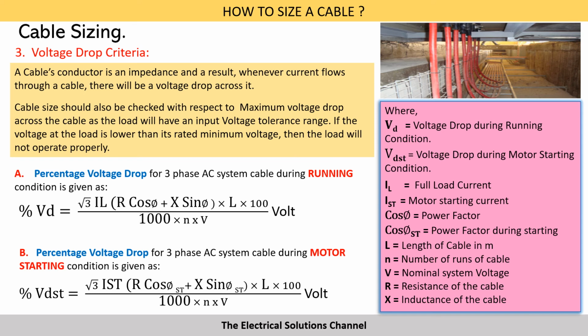N is equal to number of runs of the cable. V is the nominal system voltage. And R and X are the resistance and inductance of the cable.